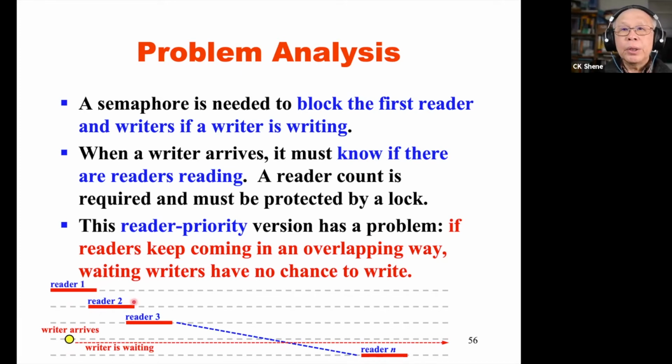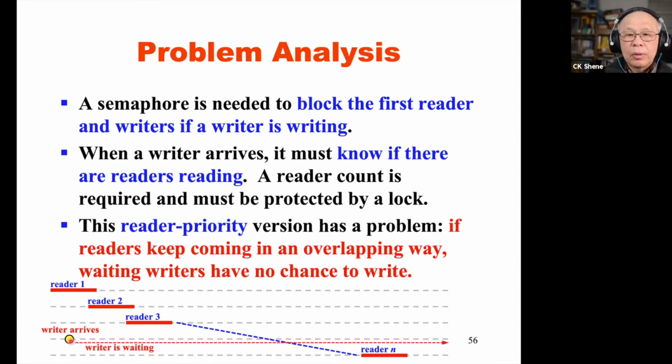Before reader 2 completes the work, reader 3 comes in. So after reader 2 finishes, this writer cannot start. So if this pattern goes on and on, this writer could be starved. It has no chance to write. Well, this could be theoretical, but as long as it could happen, it will happen. Murphy's Law.